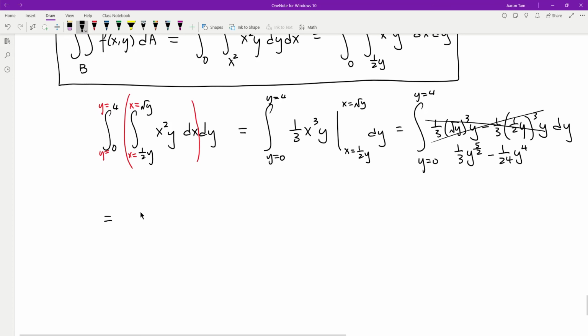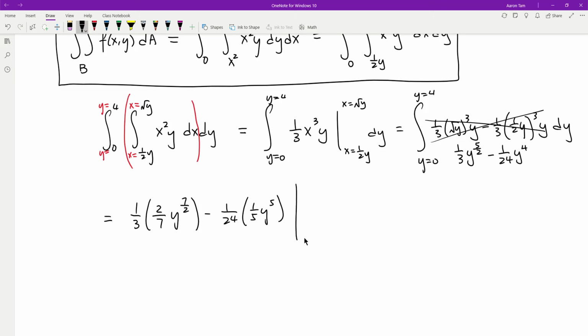If I integrate this, I would have 1/3 times 2/7 y to the 7/2 minus 1/24 times 1/5 y to the 5th, evaluated from y equal to 0 to y equal to 4. So this seems to me is 2/21 y to the 7/2 minus 1/120 y to the 5th.